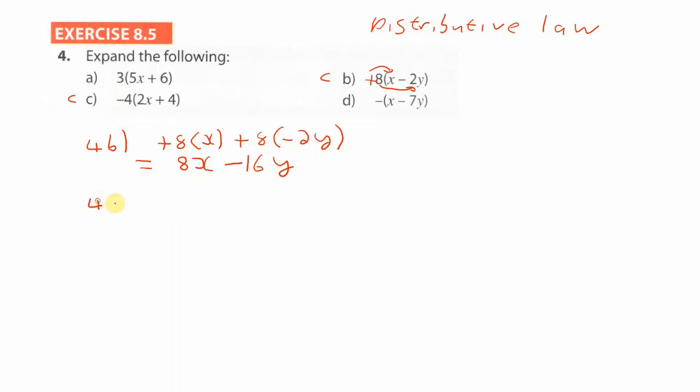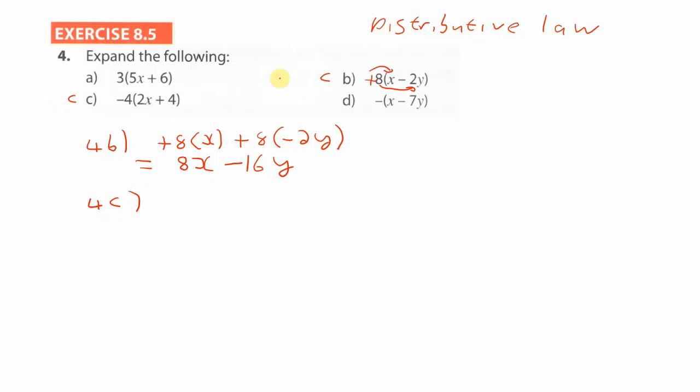Let's look at number C to further illustrate this distributive concept, especially since it's a new one. So again, usually we would want to use BODMAS. If this was just a 2 and a 4, we would simply add to get 6 and multiply by negative 4. But now it isn't like that. There's an x and a 4. So we have 2x and a 4. They are unlike terms. We cannot add. Therefore, we make another plan.